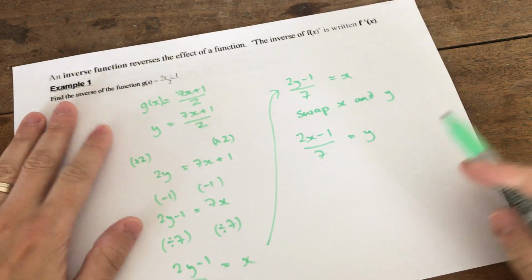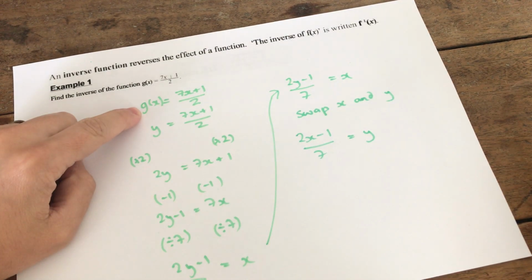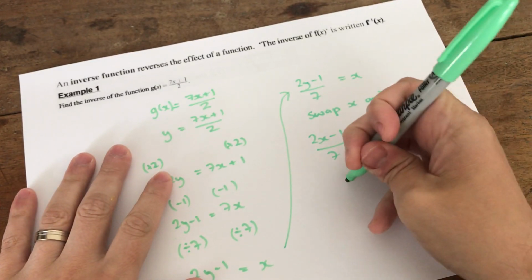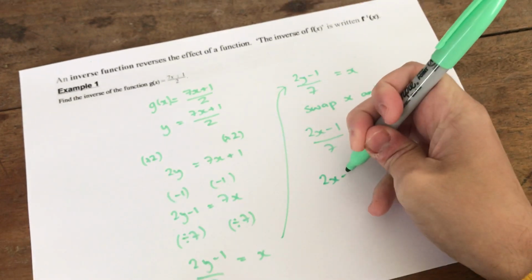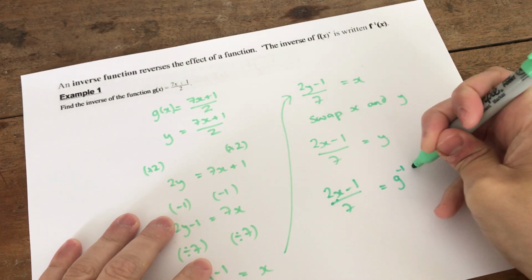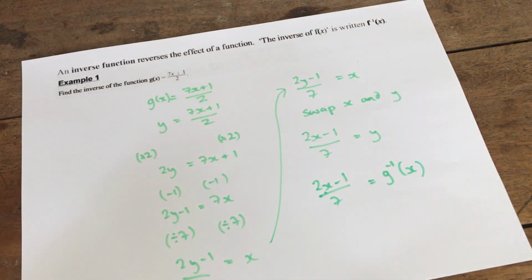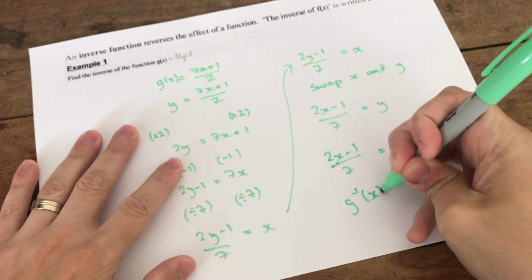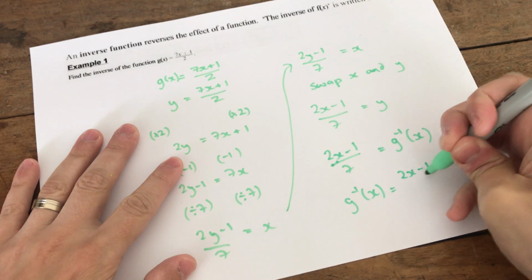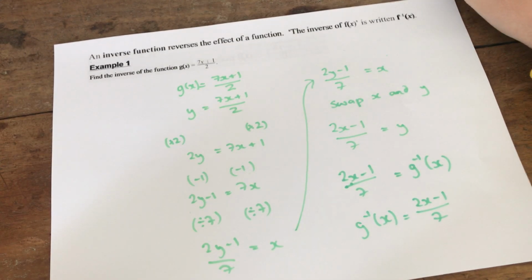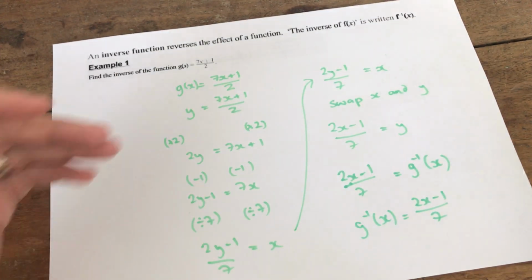At the beginning, we wrote g(x) as y. Now we write our y as g minus 1 of x, and we can write that the other way around if we want. I can write that as g minus 1 of x equals 2x minus 1 all over 7, if that makes you feel more comfortable. But that's how we would do it.